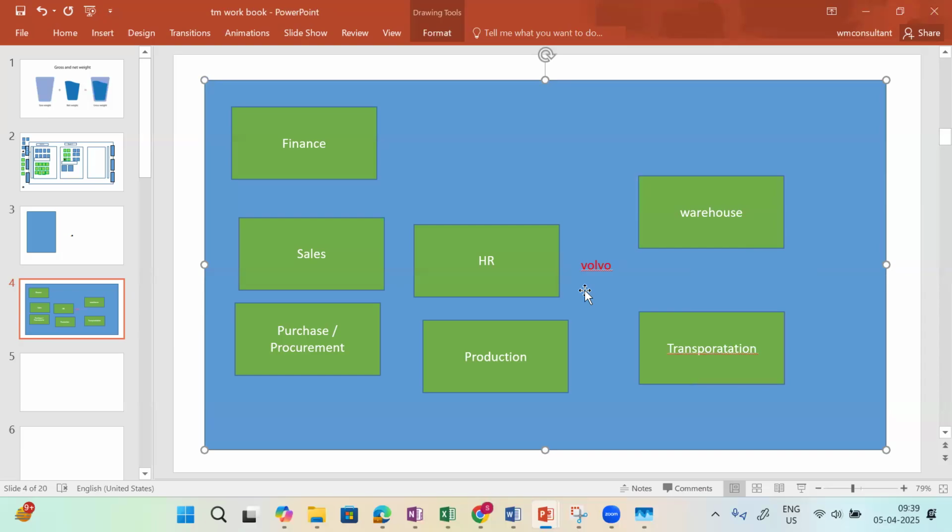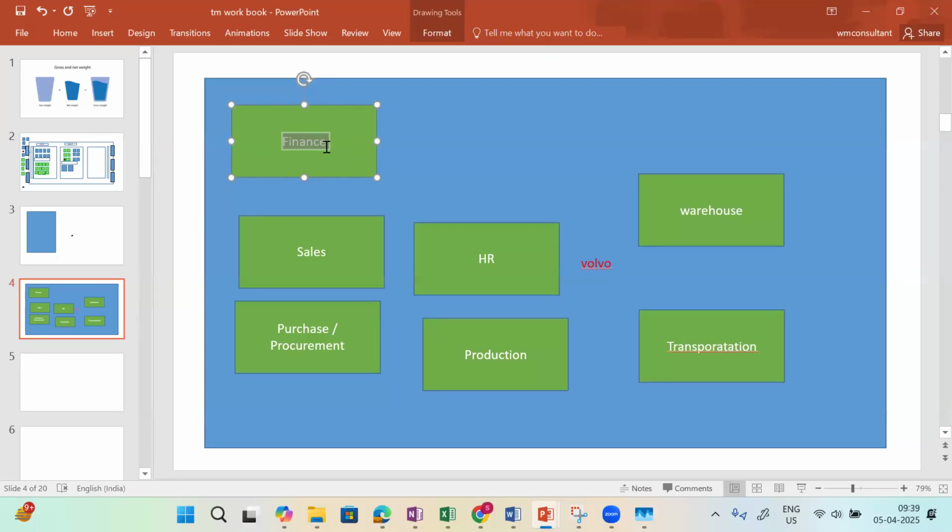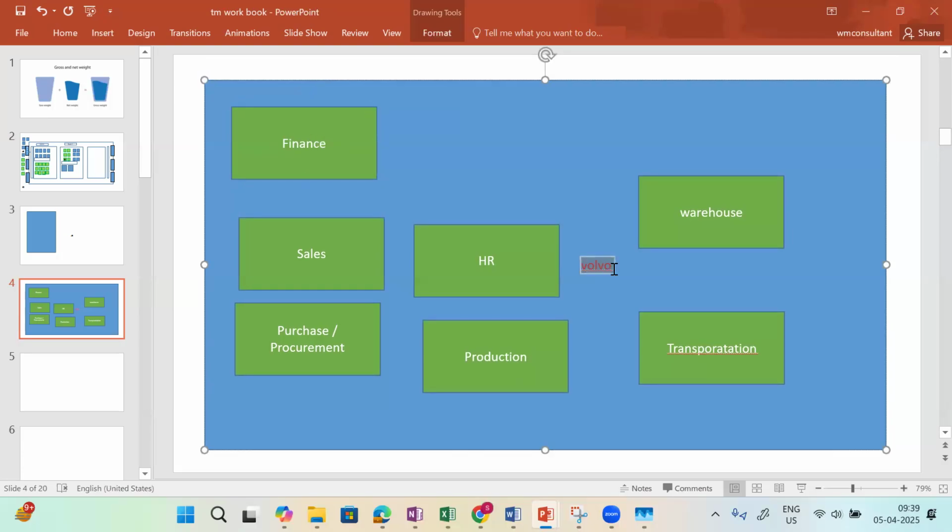Volvo is an enterprise that is large in size and has a presence across the globe. To run this enterprise, what is required? First, we need money: how much money is required, where to put it, and how to get a profit by running my business.